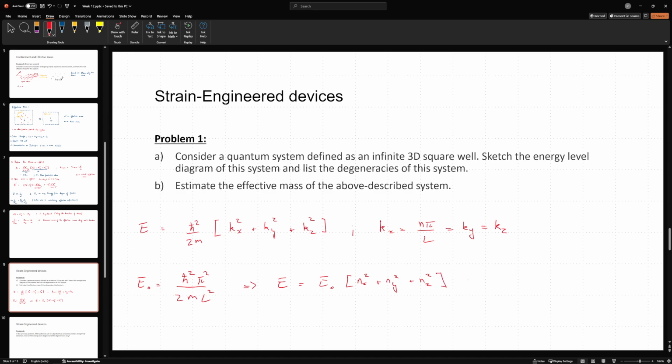So here I have nx comma ny comma nz belonging to the positive integers, so it starts from 1 and keeps increasing.